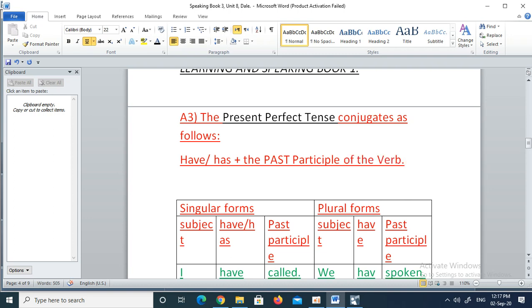The present perfect tense is made with either the auxiliary verb have or the auxiliary verb has, and then the past participle of the main verb.